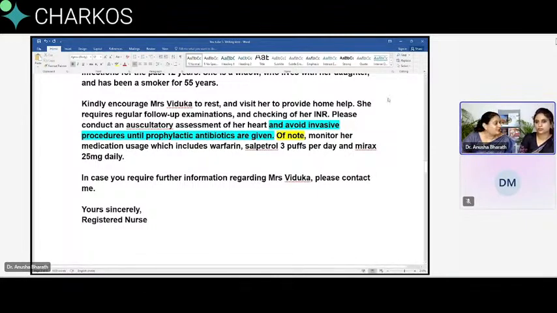Sometimes it might be dietary advice. The patient might be allergic to peanuts or allergic to lactose. Or there may be the removal of stitches in, say, a week's time. In that case, you'll just be stating off note: an appointment with the surgeon is scheduled next week at 1 p.m. So you will be stating that in off note.